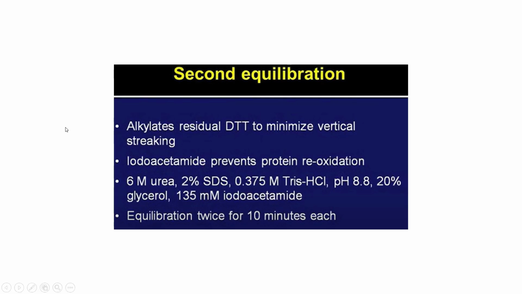Then the second step is alkylating. It alkylates residues to minimize vertical streaking. When you do 2D gel electrophoresis, you run the SDS phase vertically, where you need separated bands. If you want them to be separated properly, you need to alkylate them, and that will help in minimizing the vertical streaking.